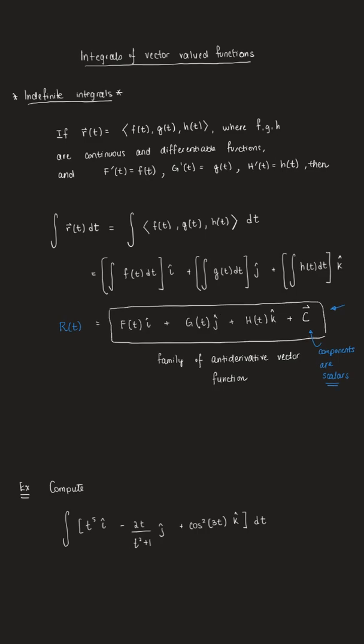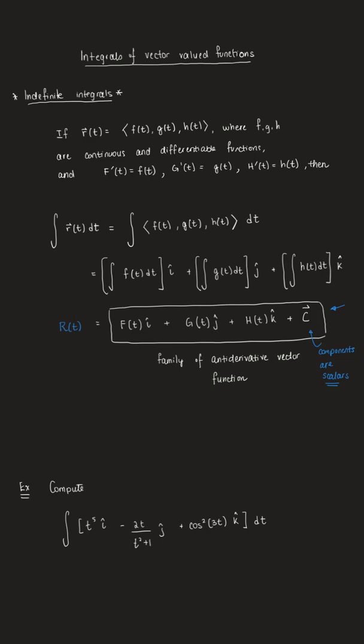So we have to include that vector c to represent the family of functions whose derivative is lowercase r of t. The key important things here: when we find the indefinite integral, we integrate component by component. And because we're finding an entire family of antiderivatives, we must add that vector c, a vector whose components are scalars.